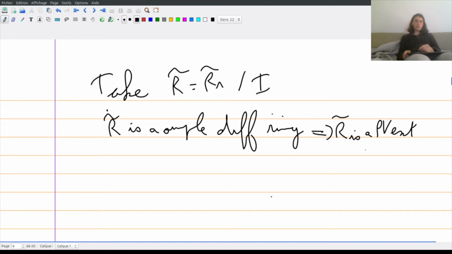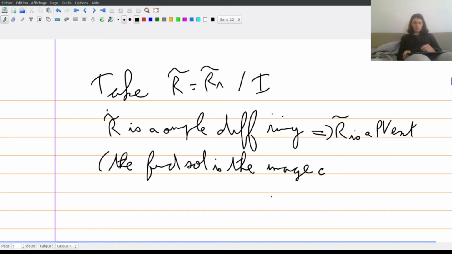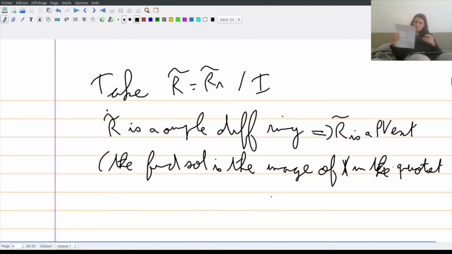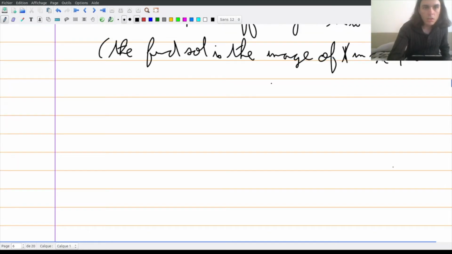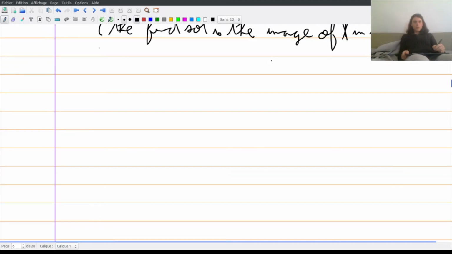And the fundamental solution is just the image of X in the quotient. So this proves the existence.